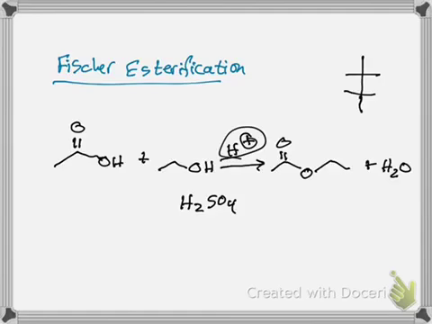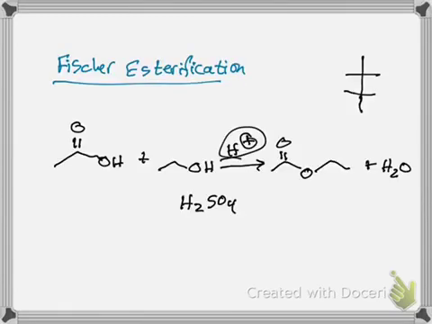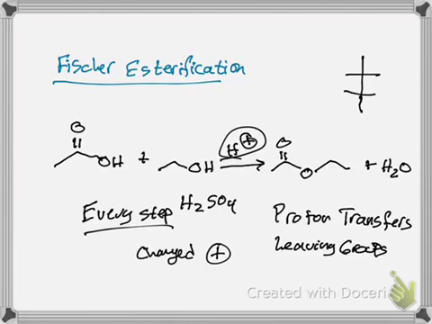All right, so let's look at the mechanism here. Actually, let's not yet. One more thing I want to say. It's a series of proton transfers and leaving groups. All right, let's see how this works. You start with your carboxylic acid.